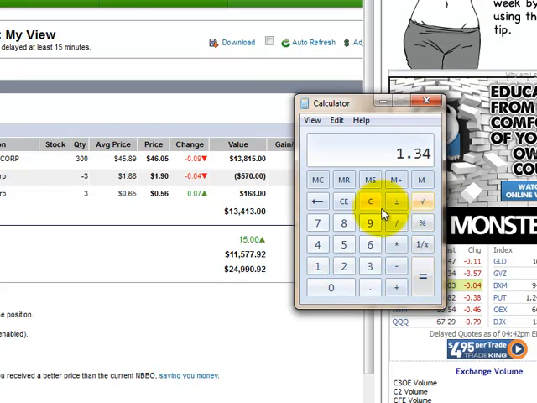Now $1.34 divided by 45.89, which is the price we paid, times 100 to convert it to a percentage, is a 2.92% return.